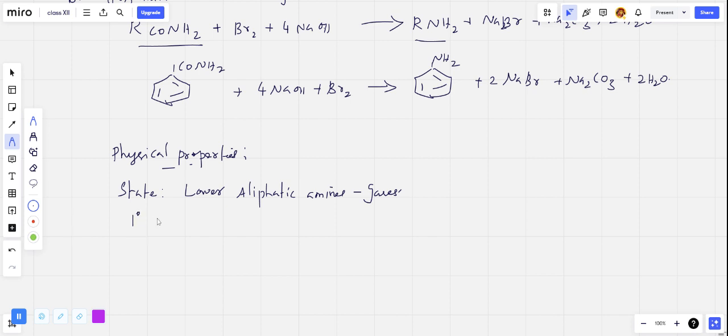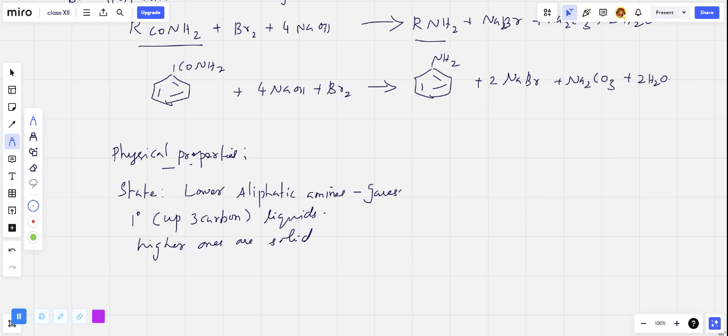Then primary amines up to 3 carbons are liquids and the higher ones are solids. Okay, so this is all about its state.